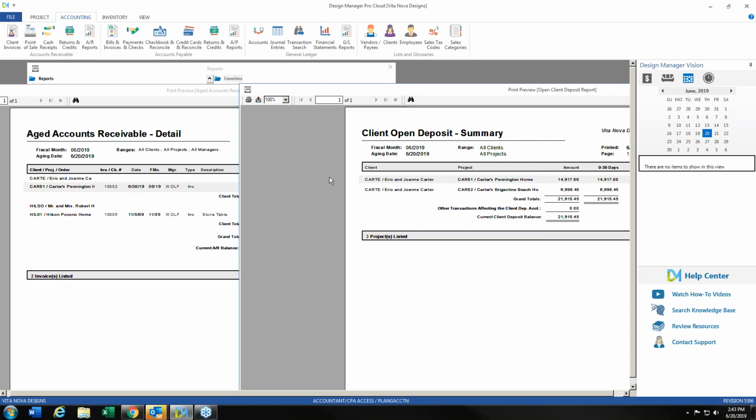It's possible that an invoice can be on the accounts receivable report, and it says it's outstanding, but maybe the retainer or proposal amount is here, and it should be applied to this invoice. It's just important to review these two reports.